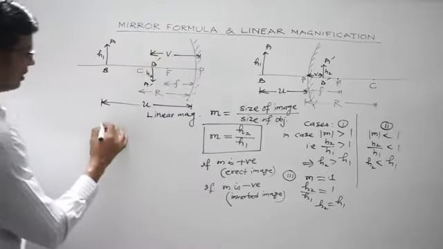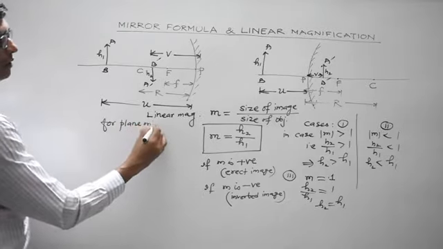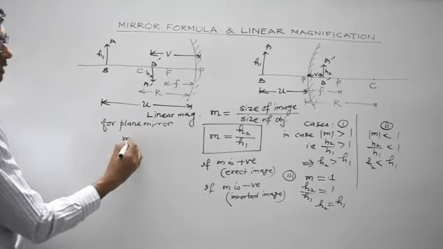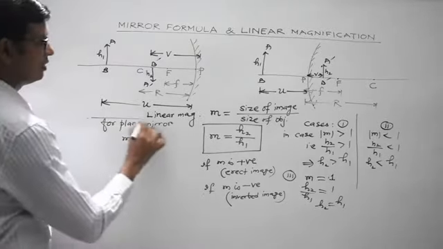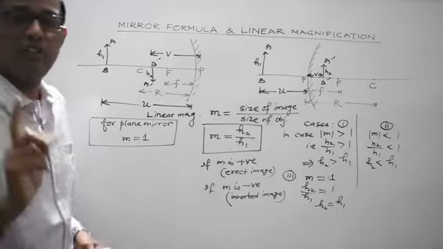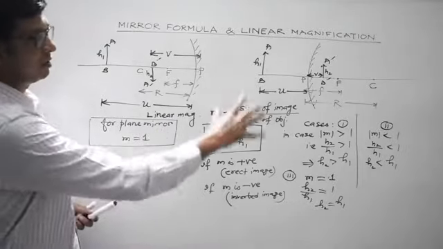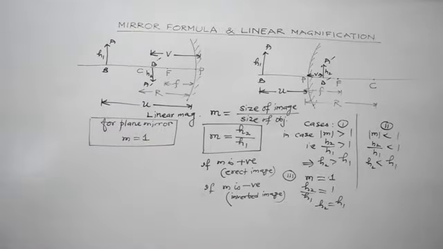So for a plane mirror, the linear magnification is equal to 1. Linear magnification is equal to unity only and only in the case of a plane mirror. Right? So this is regarding the linear magnification.